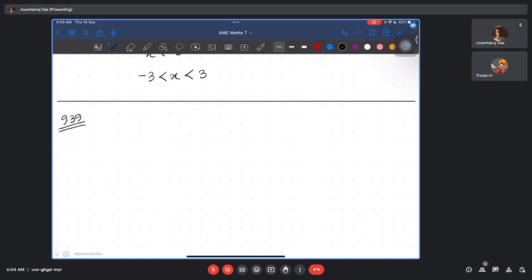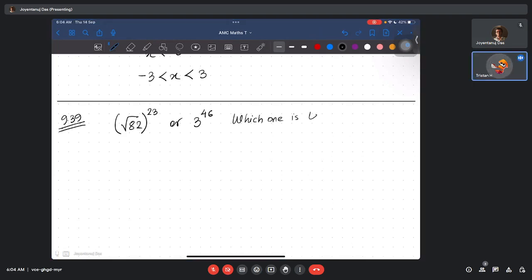So next one is, which number is larger? The square root of 82 to the power 23 or 3 to the power 46. Square root of 82 to the power 23.